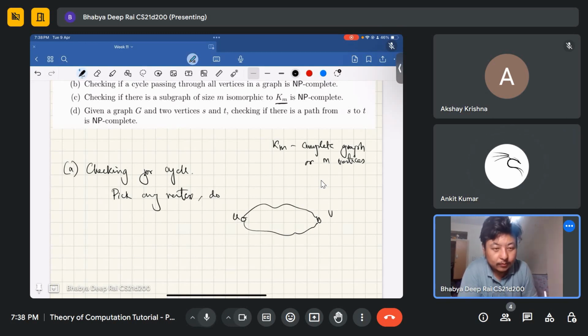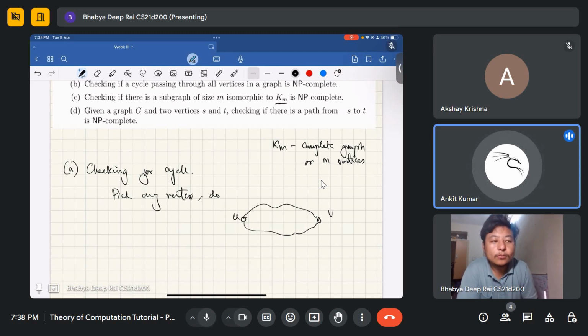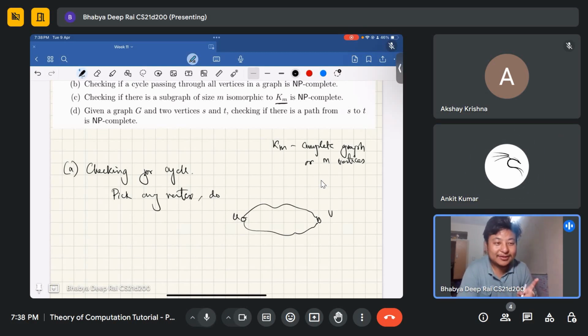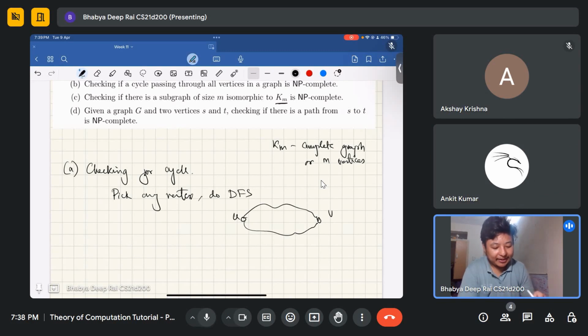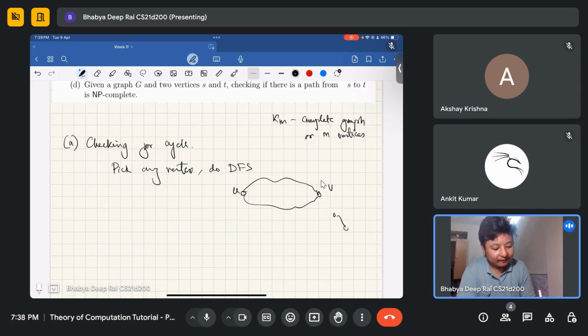Sir, there are two algorithms, breadth first search and depth first search. Exactly. What we'll choose is depth first search. So what is depth first search? You have a graph, and you go to the deepest level.